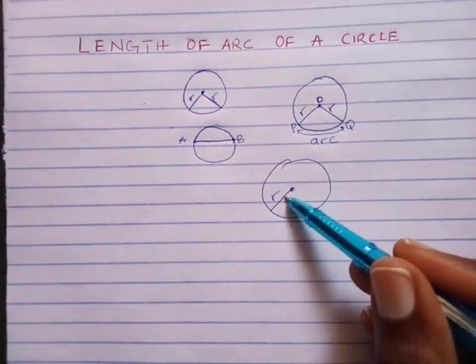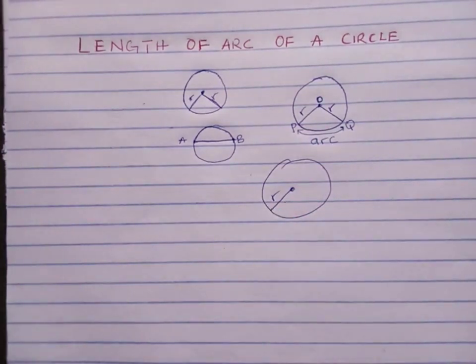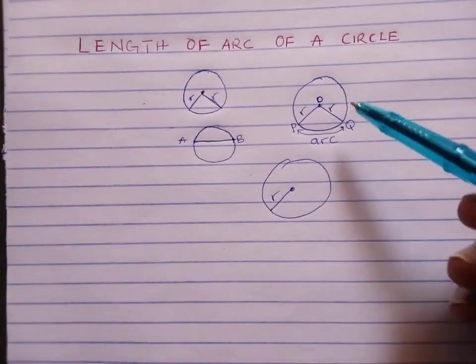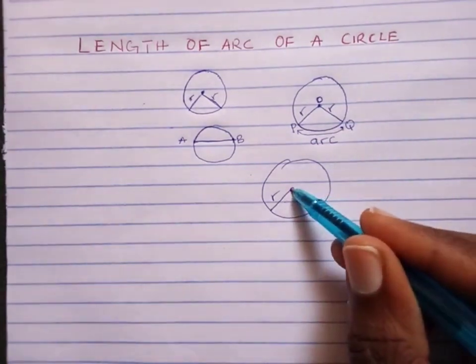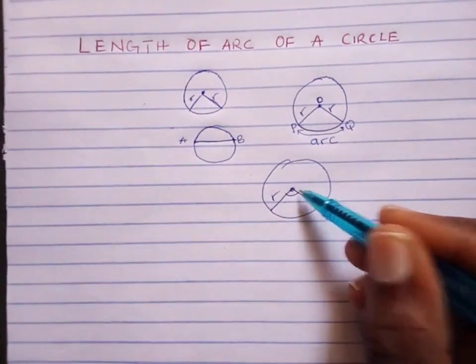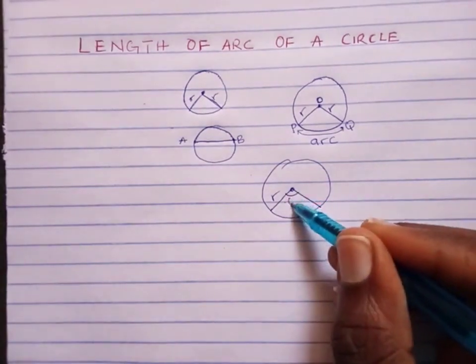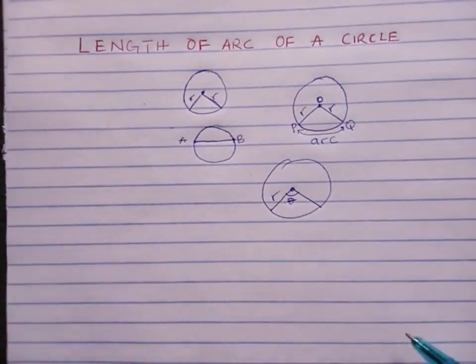And we must also know the angle that is subtended at the center of the circle. An angle is subtended at this point. Let's call this angle theta.